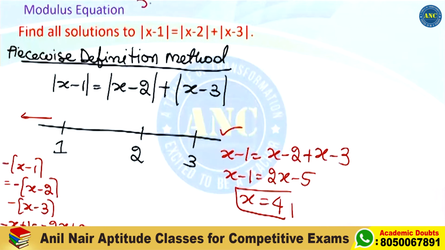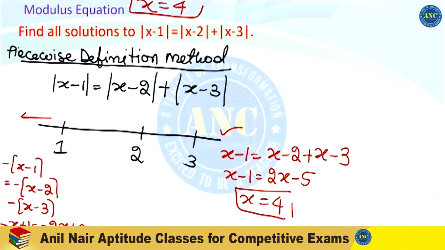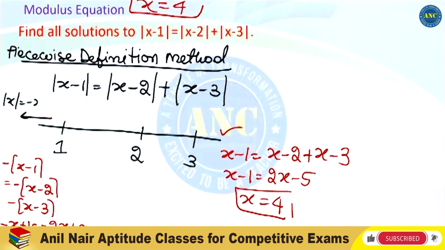So x = 4 has given us the answer. But I took x less than 0 and got 4, which is not less than 0, so this case is not valid.